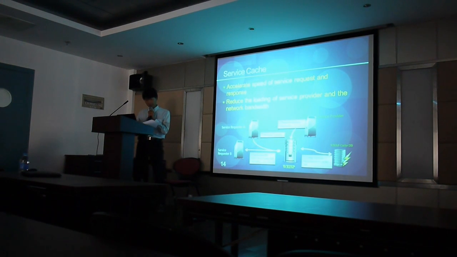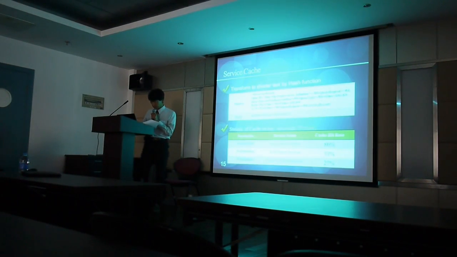And next time service request B requests a service through the platform for the same data, the platform will respond with the data from the cache database immediately. And that will save response time and reduce the provider's loading.